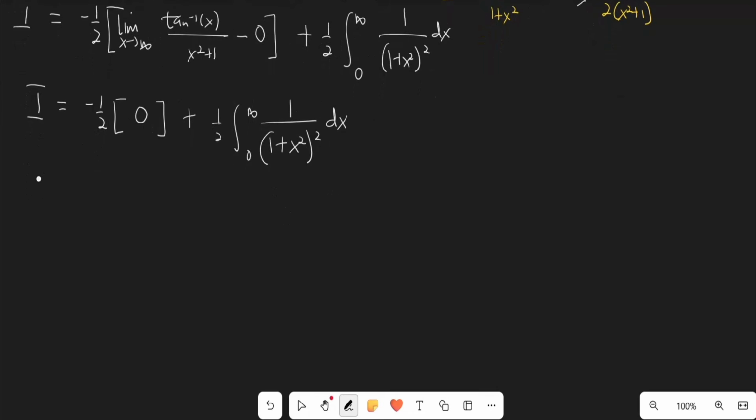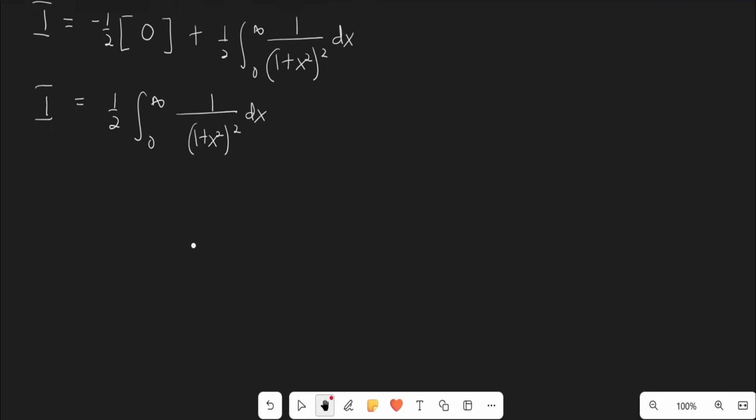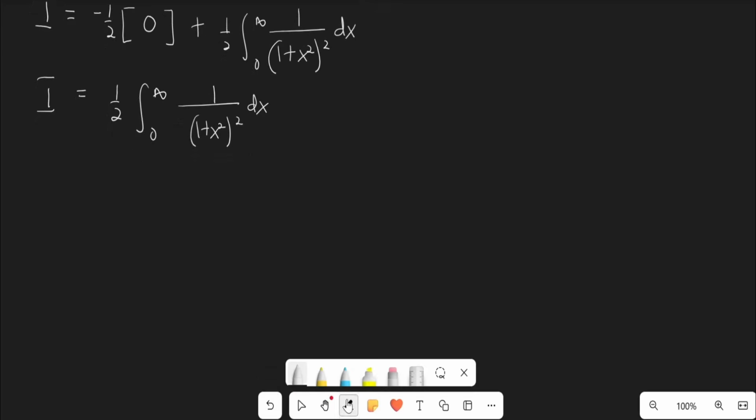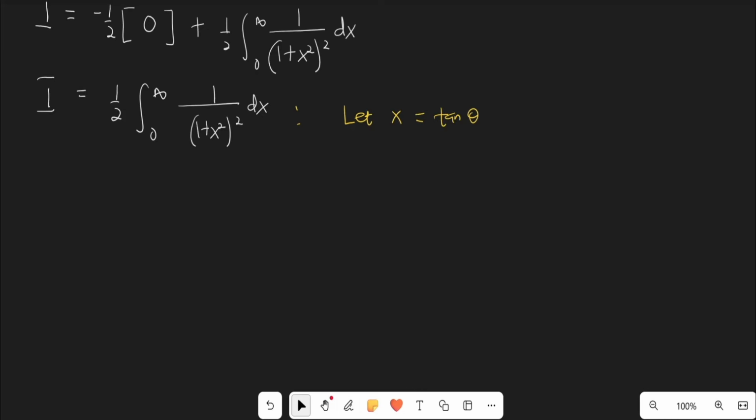So what we are just integrating is 1/2 the integral from 0 to infinity of 1 all over 1 plus x squared, all this squared dx. So using integration by parts, we have now ended with this integral, which we are now going to apply the trig sub. So the trig sub, I am going to let, and this is obvious, x be equal to the tangent of theta.